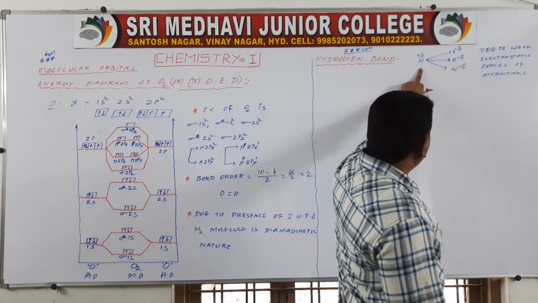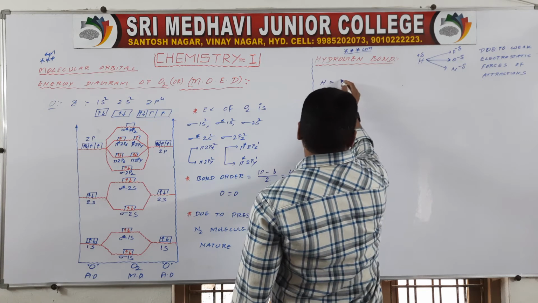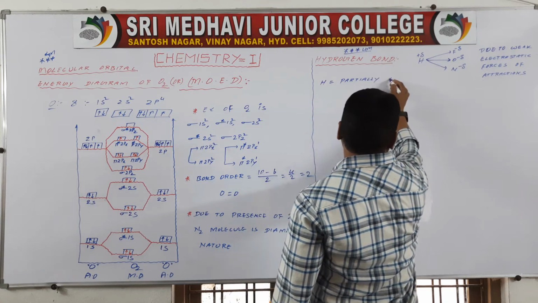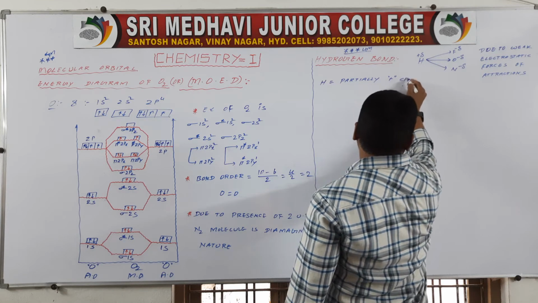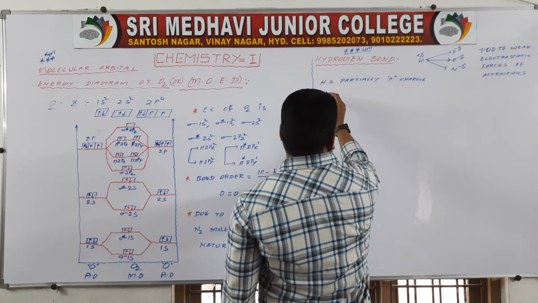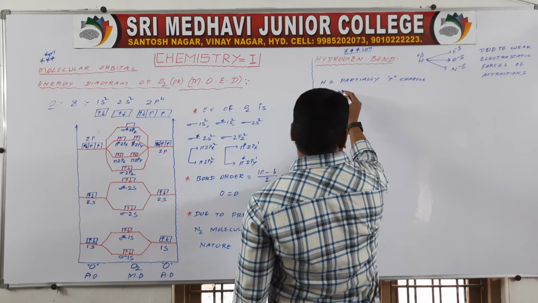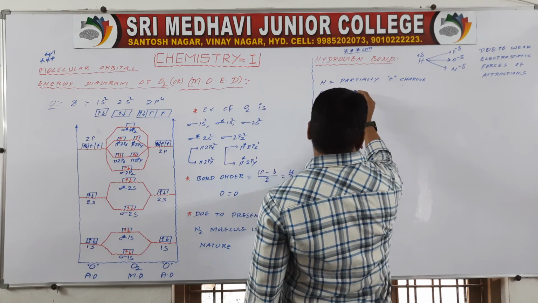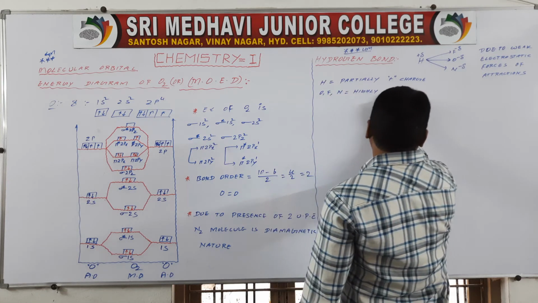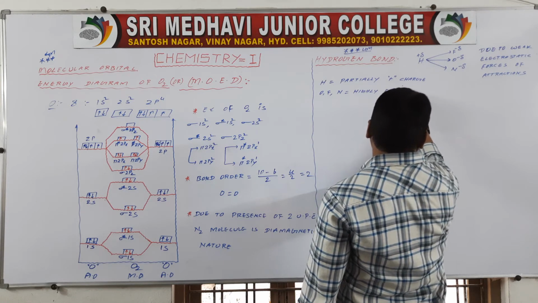Okay, between hydrogen atom which having partially positive charge, hydrogen equal to partially positive charge, and oxygen, fluorine, nitrogen equal to high electronegativity value.